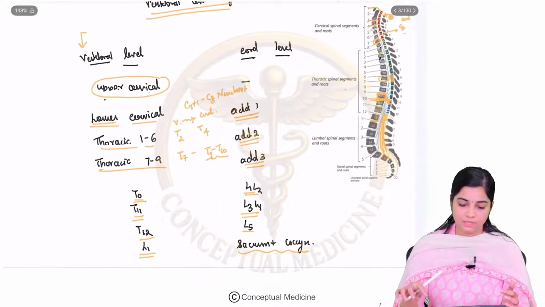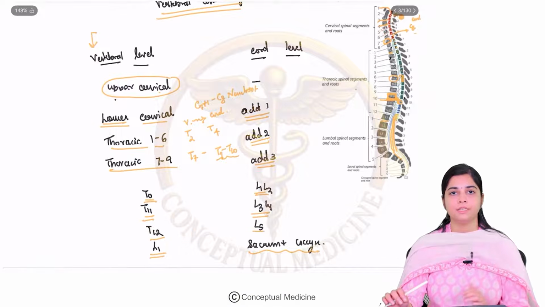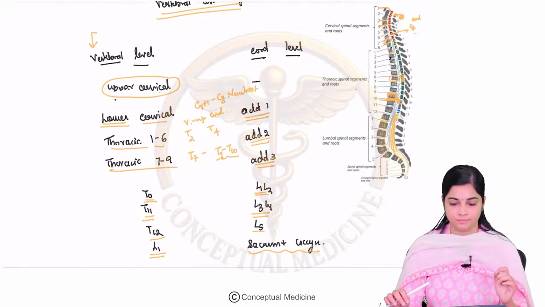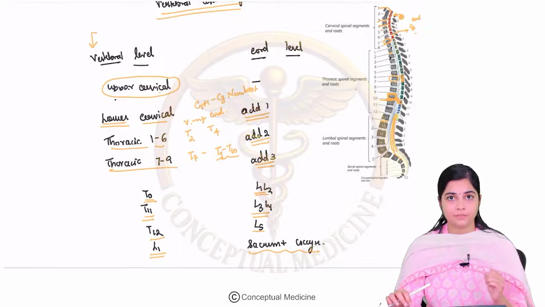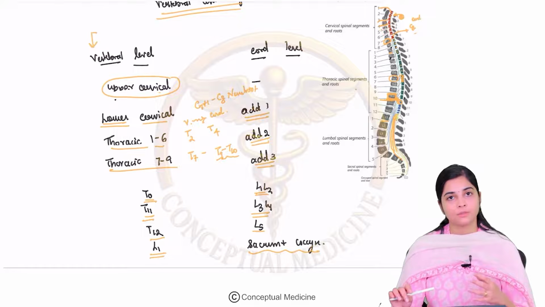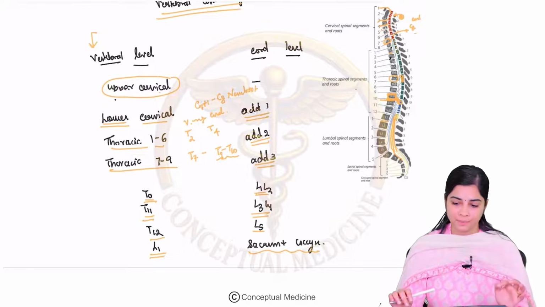So this is the relation between your vertebral level and cord level, and remember the vertebral level is usually higher. To find out the cord level from the vertebral level, you will have to add, depending upon the numbers: lower cervical you add 1, thoracic you add 2, and so on. So T10 vertebra is at the level of L1 spinal cord.